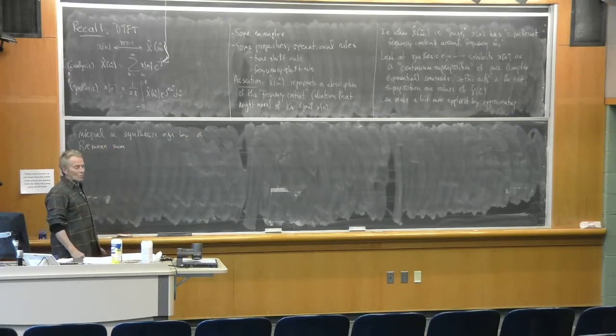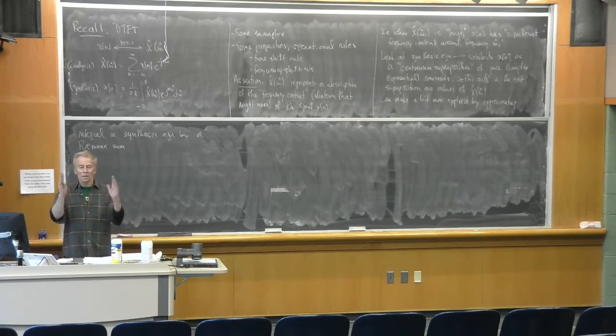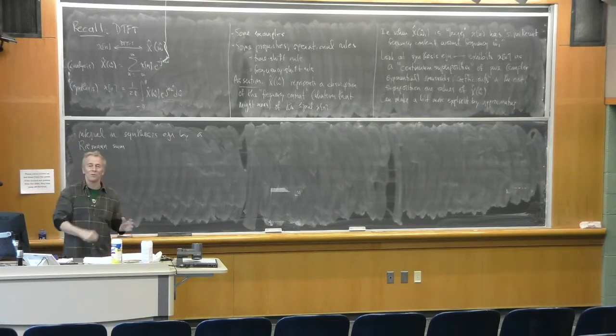Okay, so remember what a Riemann sum is. You want to do an integral. You divide the interval of integration up into little pieces, and you do a staircase approximation to the function you're trying to integrate, and you add up the areas of all the little stairs.